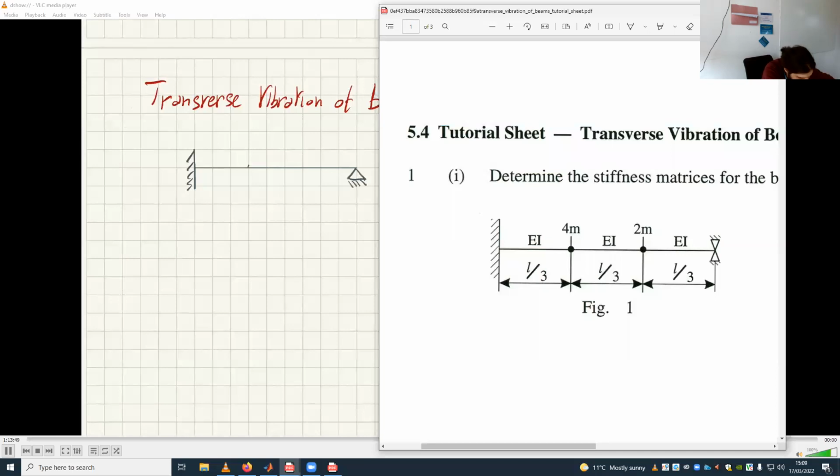We have one mass of 4m and one mass of 2m on a shaft of EI, with lengths L divided by 3, L divided by 3, L divided by 3. Yeah, that's it.